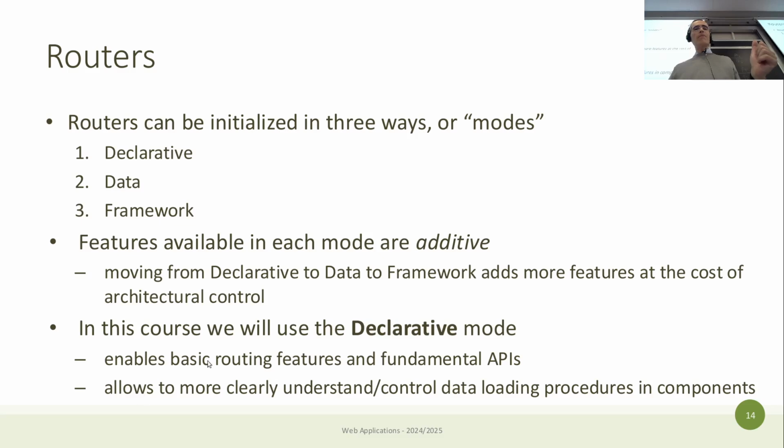It enables the basic routing features, it works in a way which is simple to program, and also allows us to more clearly understand and control what's happening in the application.